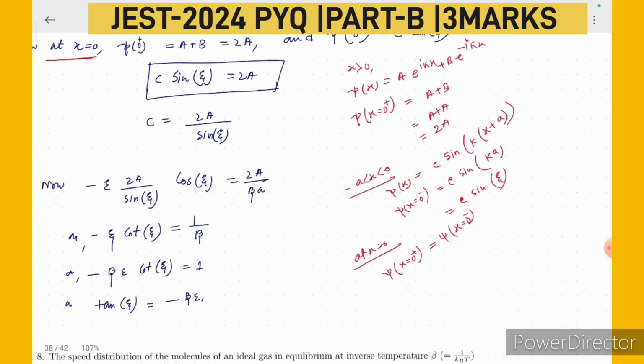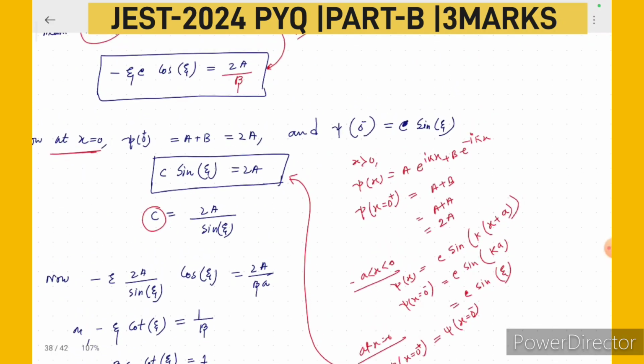So after that we apply the value here. C sin of zeta equals 2A, so C equals 2A upon sin of zeta. Now substitute this value of C in the boundary condition.